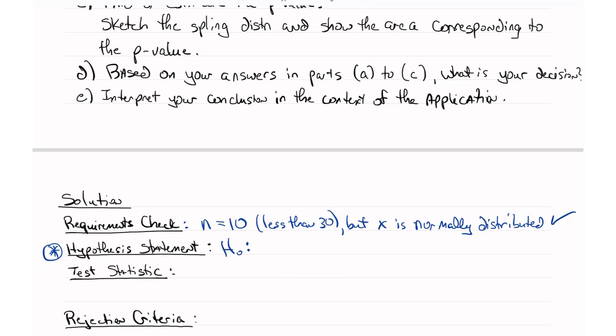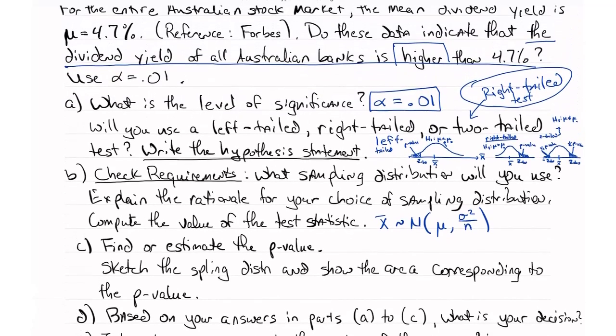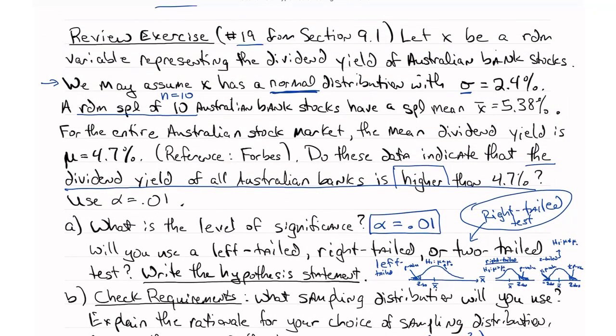And sub stands for subscript, okay? So H naught, we're doing a test about mean mu, so it's always going to be mu equals. And then we have to go up and look at, in this case, the book is being very nice by telling you mu is equal to 4.7%, okay?